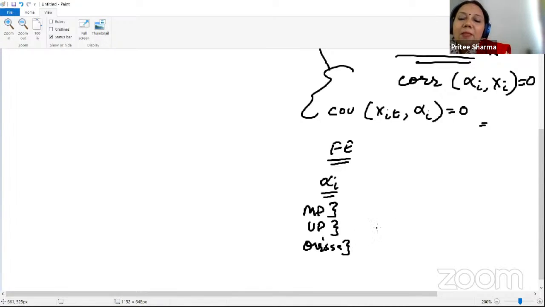And this alpha i should be drawn from an analysis where you have complete information on the variables about these entities. So in your model you are including more observed things.